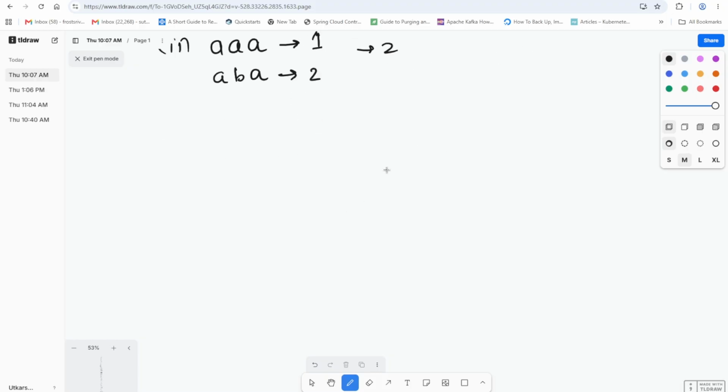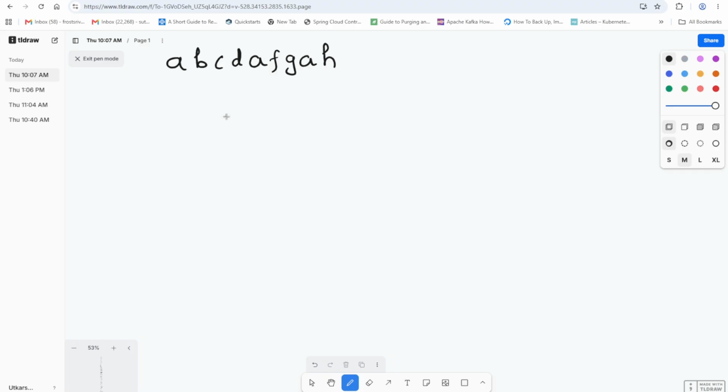Let's suppose we have taken one example, something like A, B, C, D, again A, then F, G, A, and H. So one approach will be like this only, where we print one character at a time.